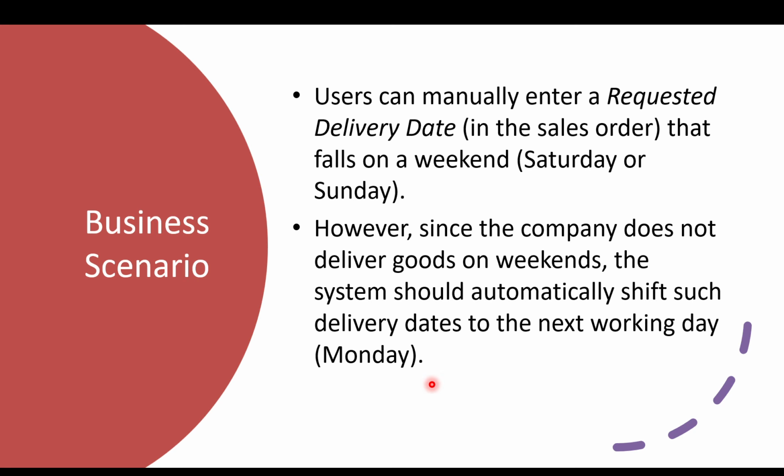Then the system will move the delivery date from Saturday to Monday, so in that case it will add 2 days. And if it falls on Sunday, it will add one day and take the delivery date as the coming Monday. So ultimately the requirement is, if the delivery date falls on Saturday or Sunday, we will change the delivery date to the coming Monday. That was the requirement.